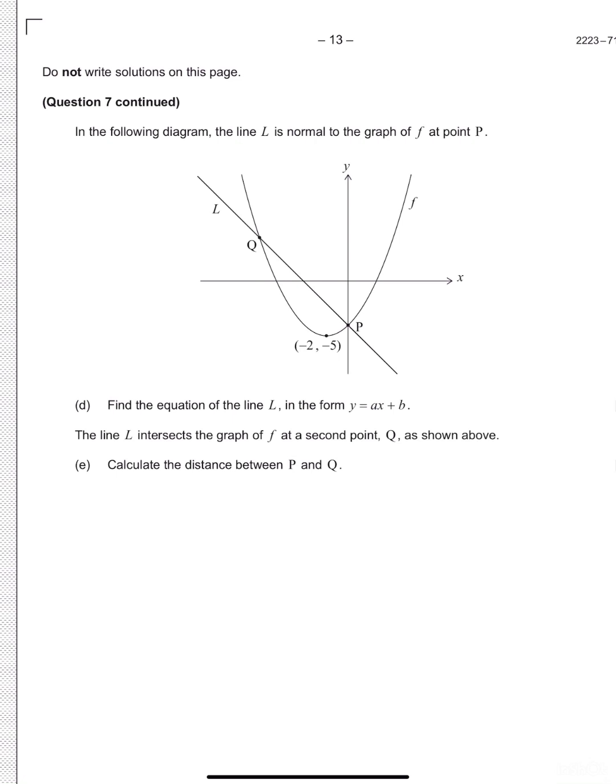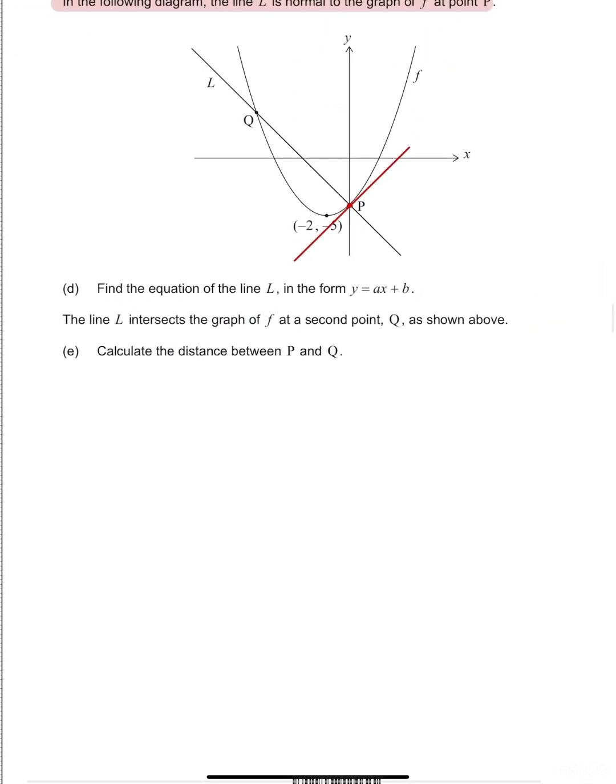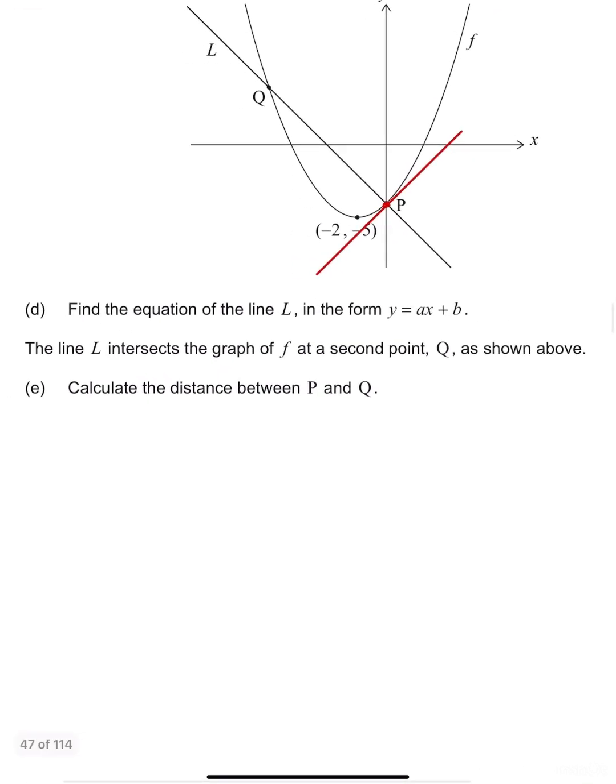But before that, they told us that L is normal to the graph of f at point P. So that means P is the point where the tangent touches the curve at P. If the tangent touches at P, then the slope of the tangent equals f prime of xp.